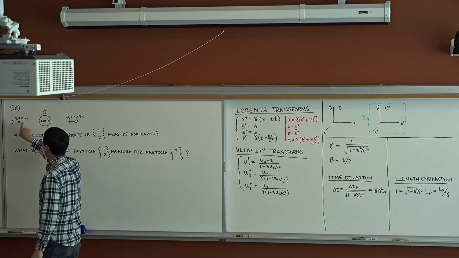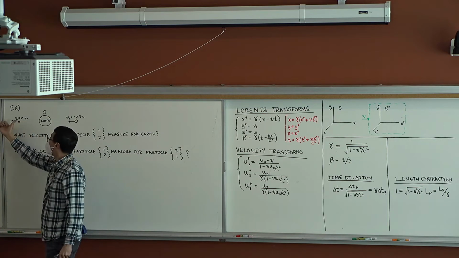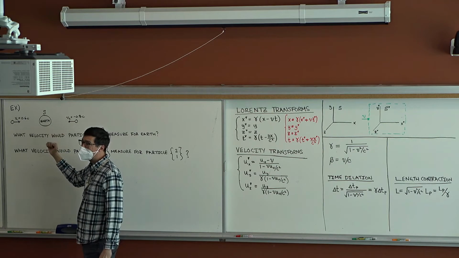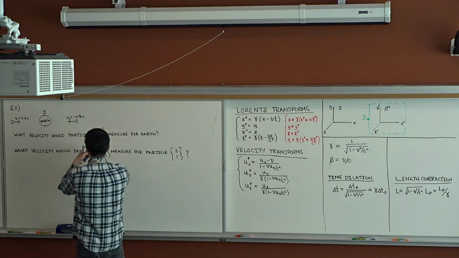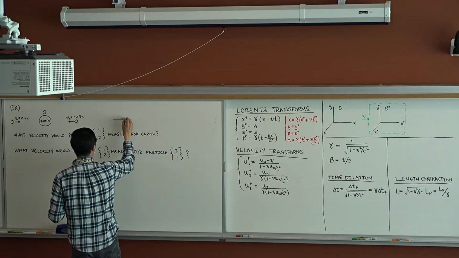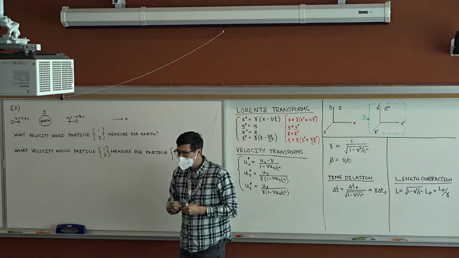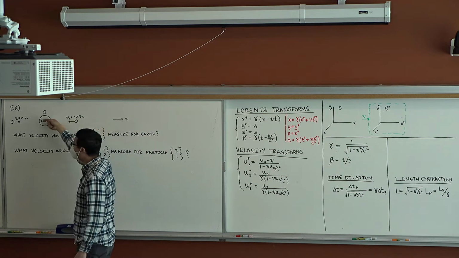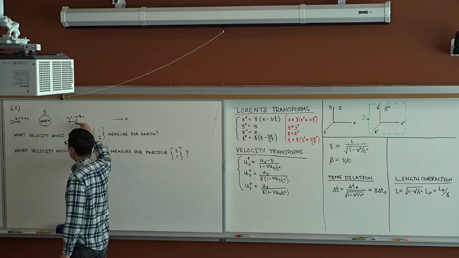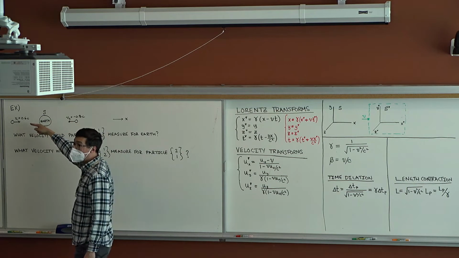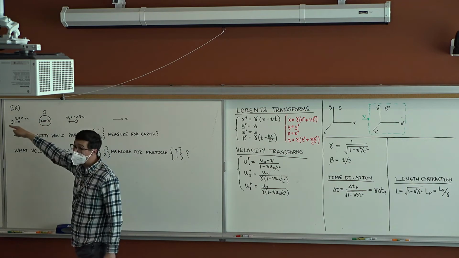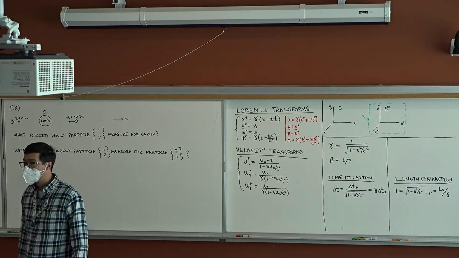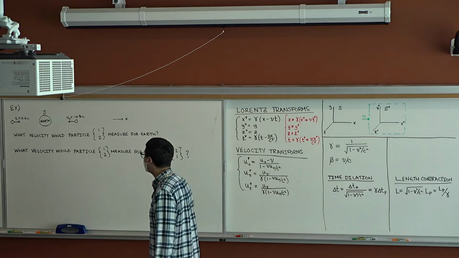Particle 1 is traveling towards Earth at 0.6 c along the x-axis. Particle 2 is moving at minus 0.8 c, which just says it's moving in the negative x direction at 0.8 c.